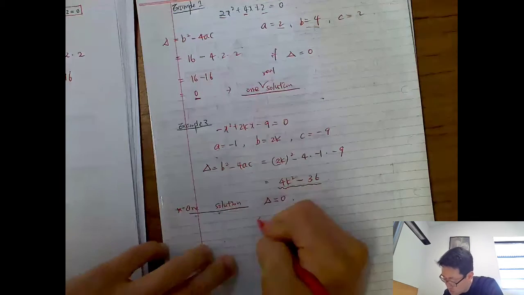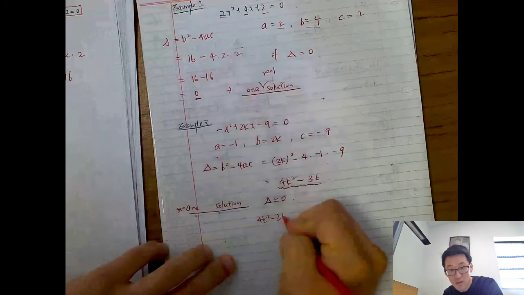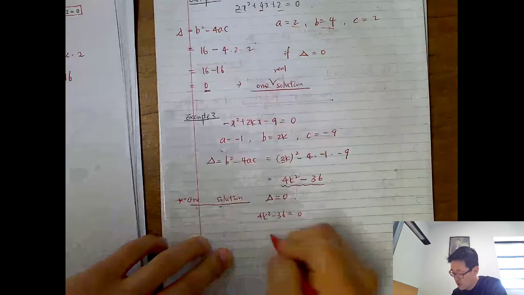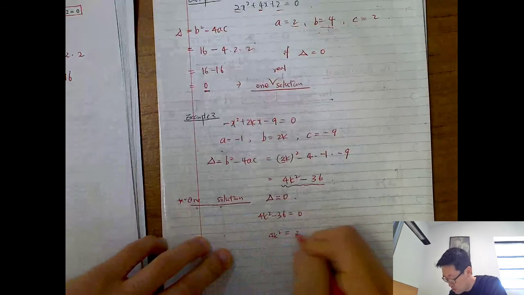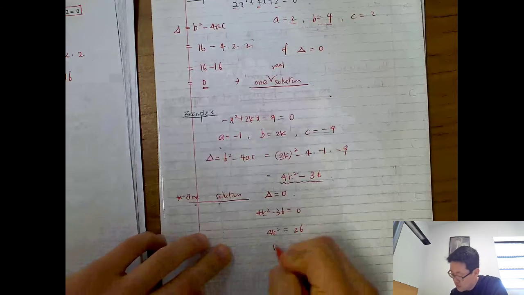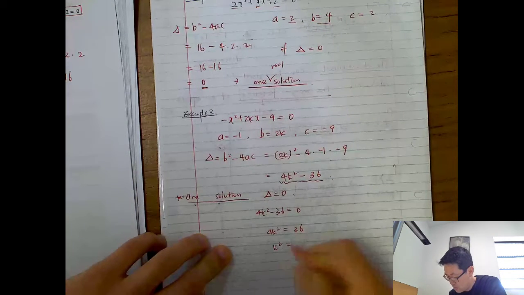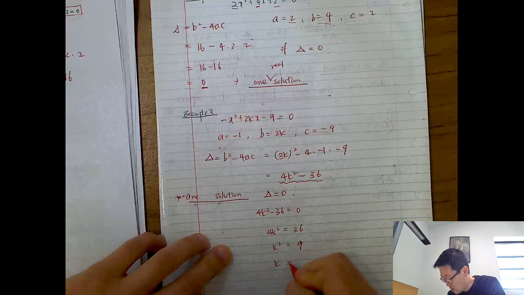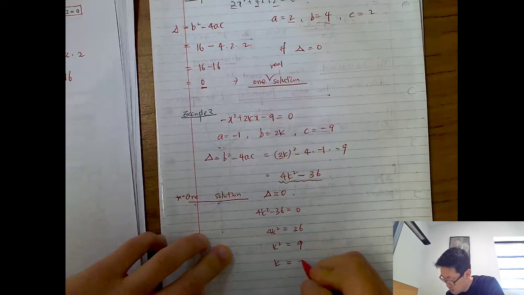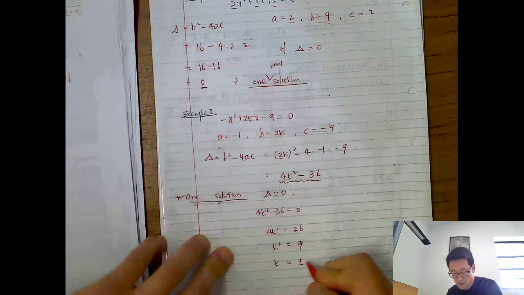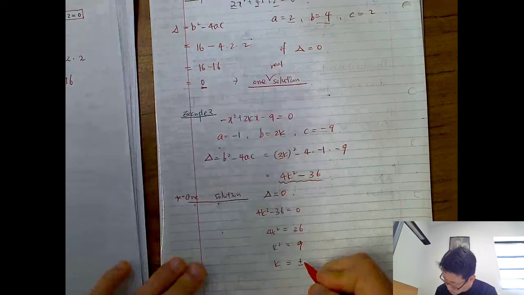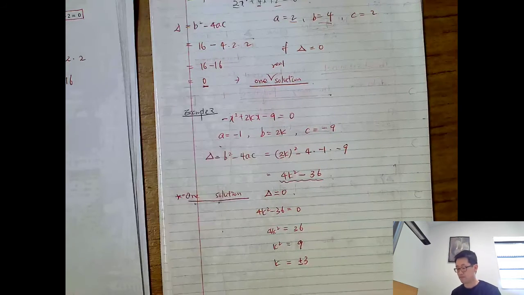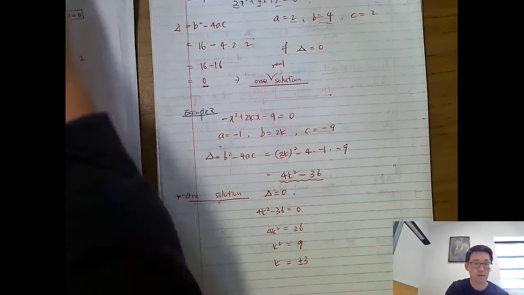So 4k squared minus 36 equals 0. 4k squared equals 36. k squared equals 36 divided by 4, 9 there. Therefore, k equals plus minus 3. That makes sense?